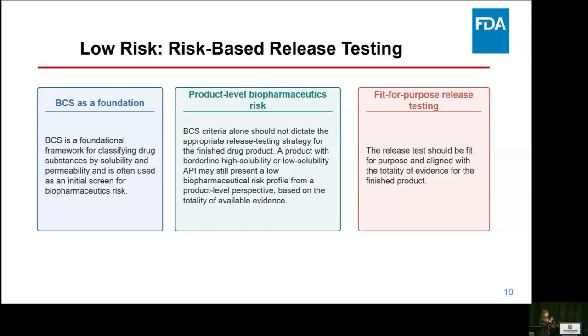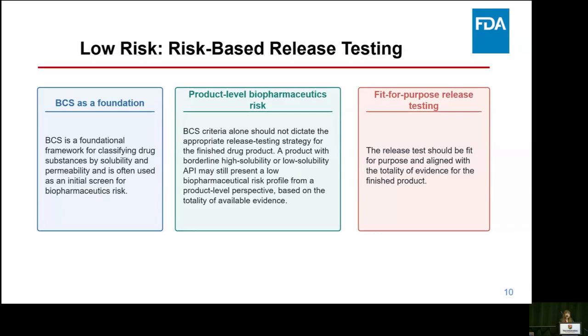However, we want to emphasize that BCS criteria alone should not dictate the appropriate release testing strategy for the finished drug products. So for example, for BCS 2A products, if they have a high solubility in small intestine where the absorption occurs, we consider those low risk drug products.